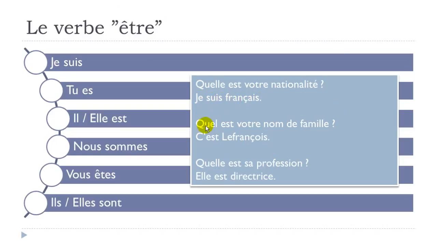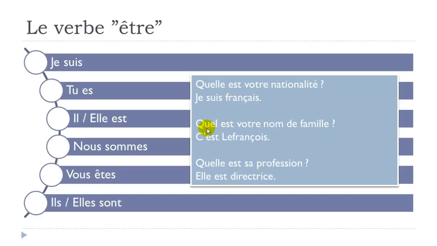Okay, then another example. Quel est votre nom de famille? Famille, family, nom, name. So nom de famille, family name, last name if you want. Okay. Quel, it's still what. In that case it's written like that.